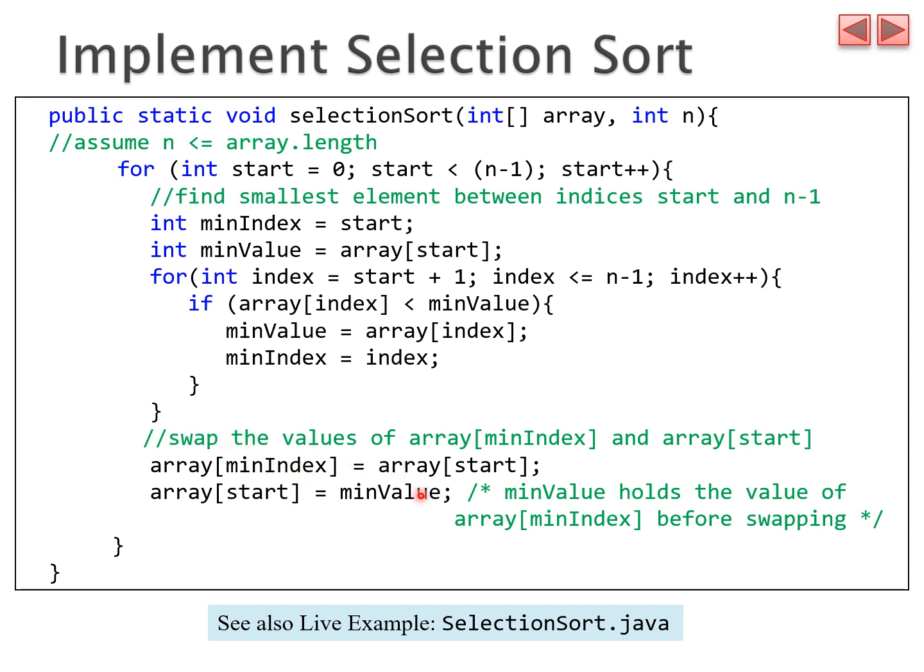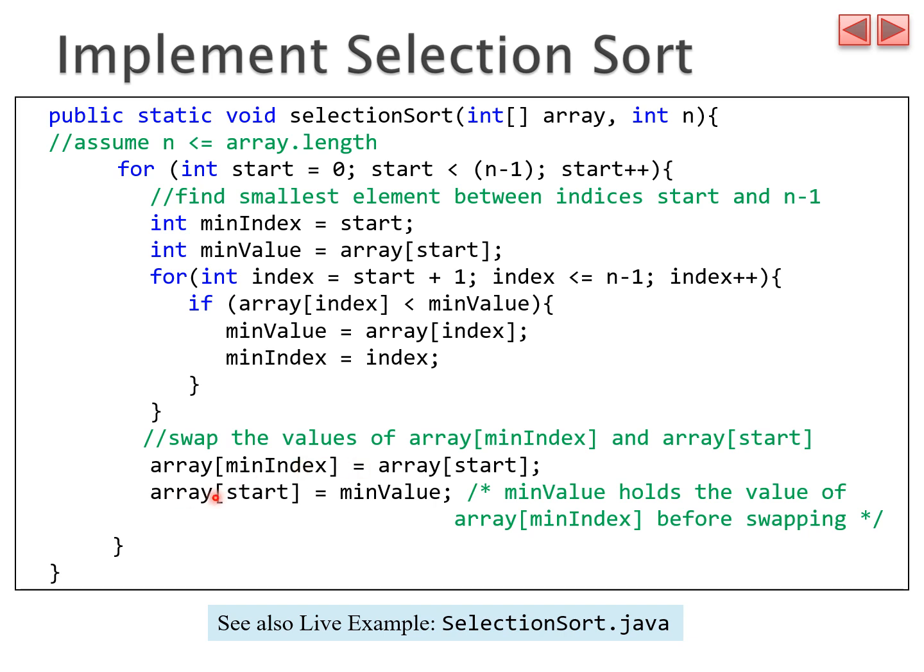Now the swapping consists of two assignment statements. The first one is to assign array at minIndex equal to array at start. That is, you put the value of the element at index start into the element at index minIndex.